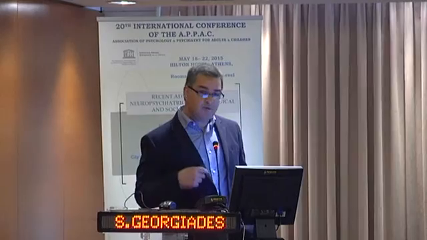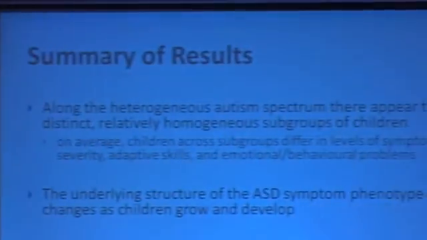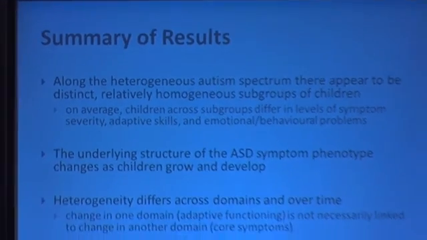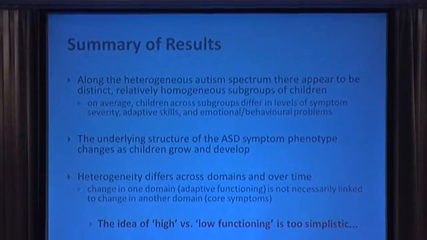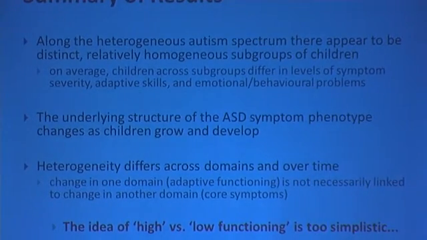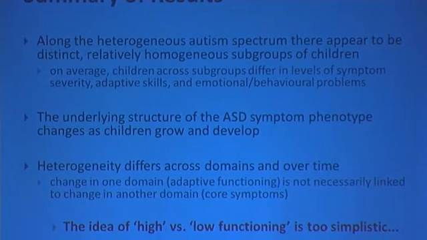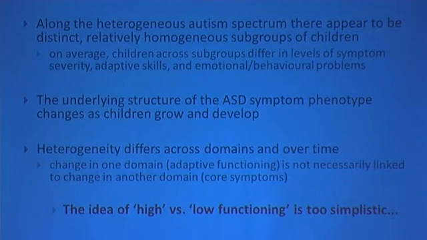Perhaps more importantly, we've demonstrated that heterogeneity differs across domains over time. So change in one domain does not necessarily mean change in another domain. So this idea of high versus low functioning kids with autism, we believe is just too simplistic, and perhaps we need to move beyond that.